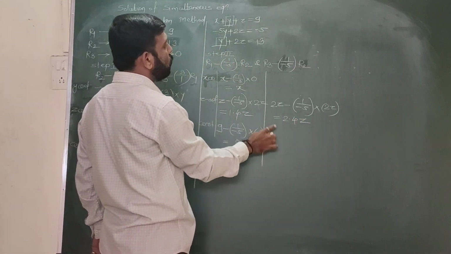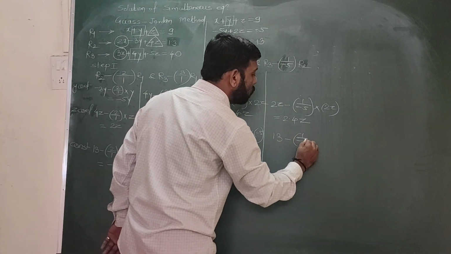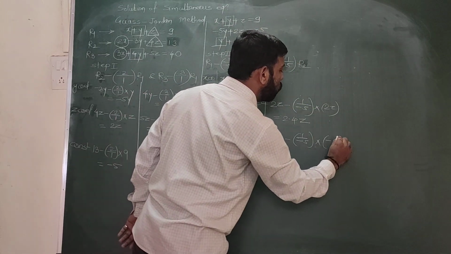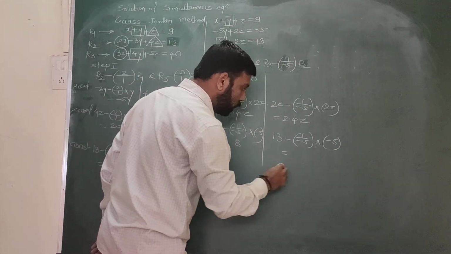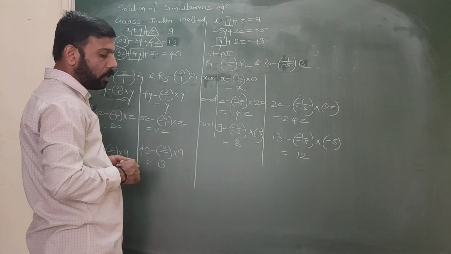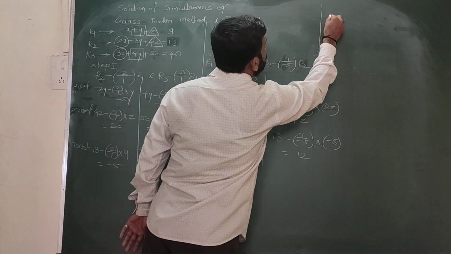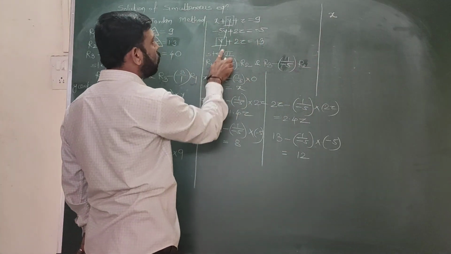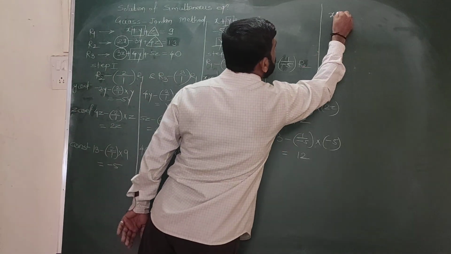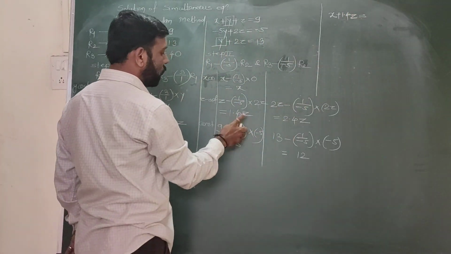Next, the constant: 13 minus its R2 minus 5, the output of this is 12. Then we get a new system of equations. First equation: X, Y become 0, Z coefficient 1.4Z, 1.4Z equals 8.